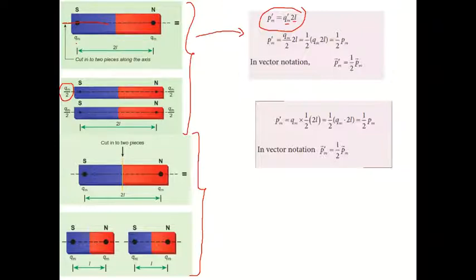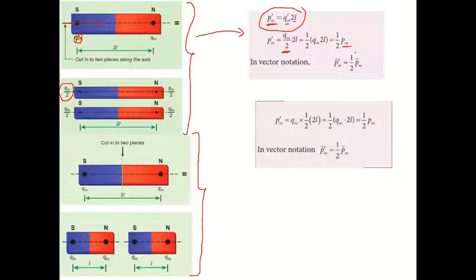Initially it had pole strength of Qm. Now it has half the pole strength. So substitute the pole strength value here: Qm by 2, the 2 will get cancelled. Otherwise keep the 2 as it is, just write half into Qm into 2L. So this Pm is the initial dipole moment.